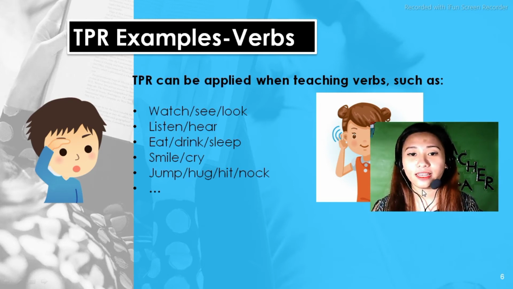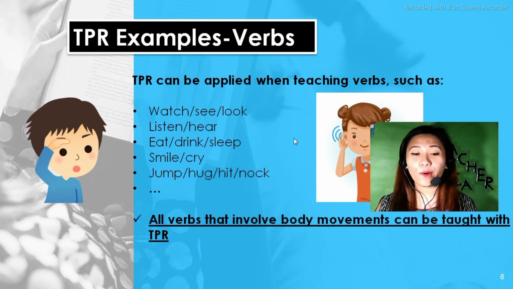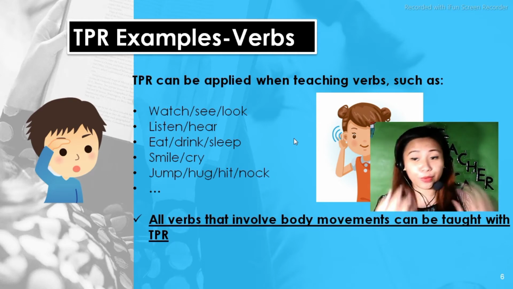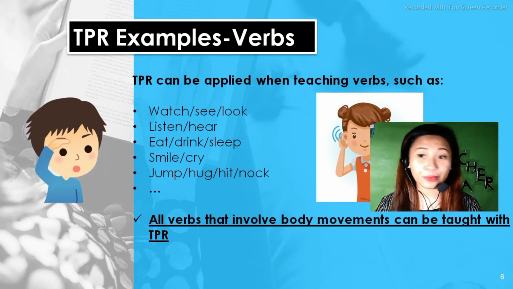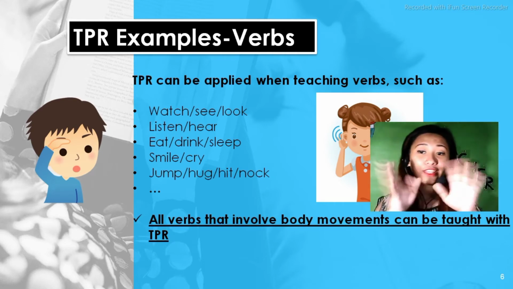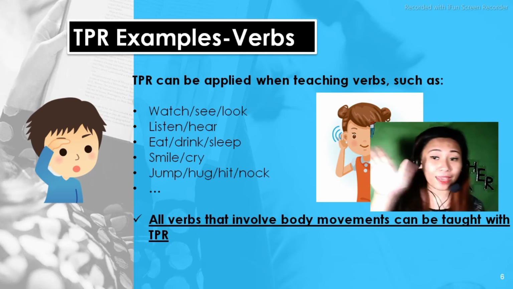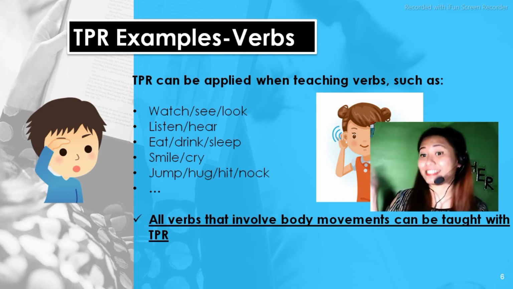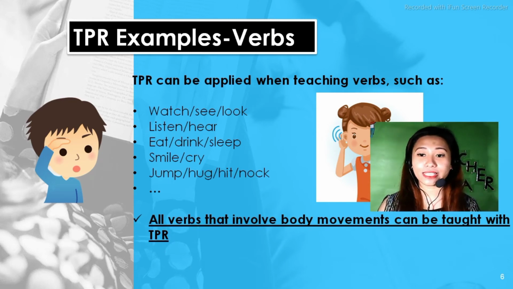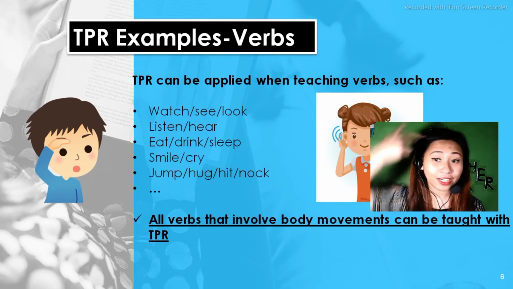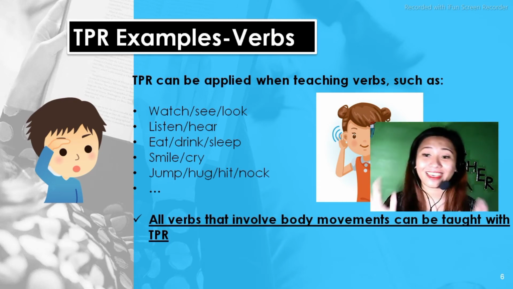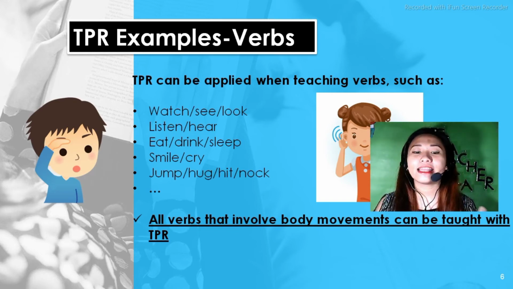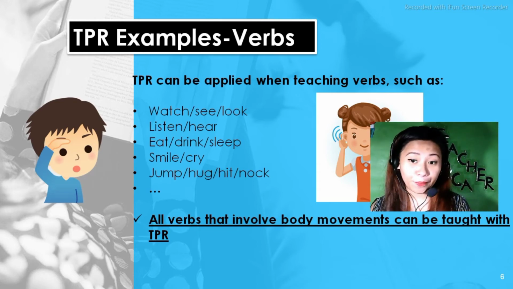Next, all verbs that involve body movements can be taught with TPR. As I said, actions like waving hello is a TPR. Or you can say come here, turn around. That is a TPR, and that involves body movements.